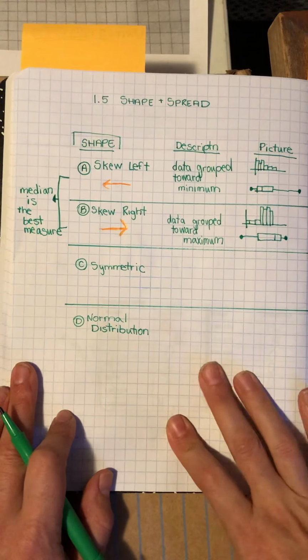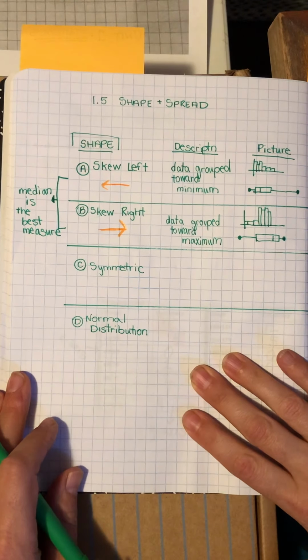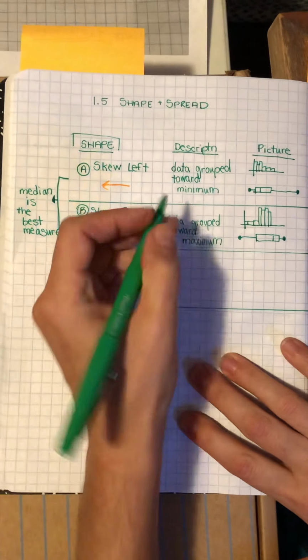So then we have symmetric. Data falls the same on both sides of the mean.